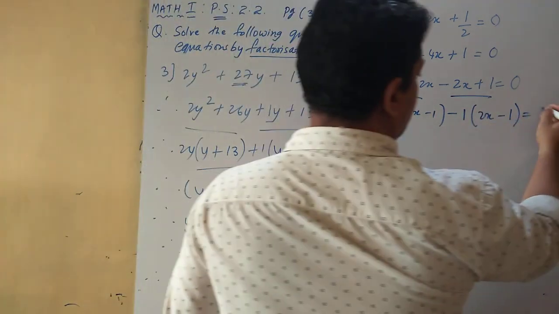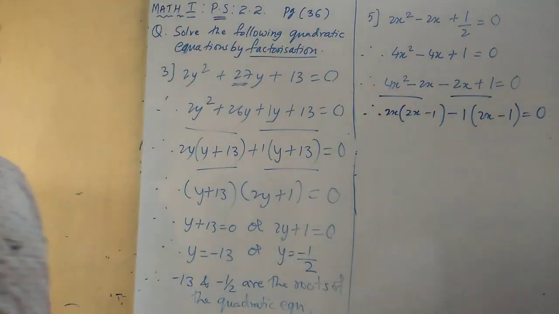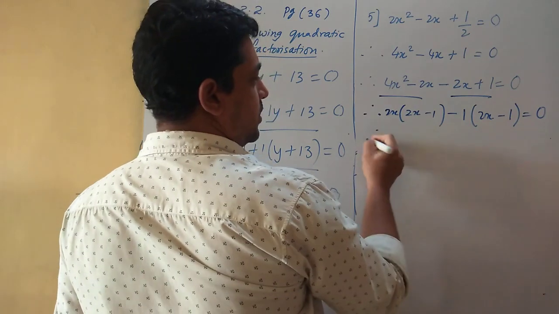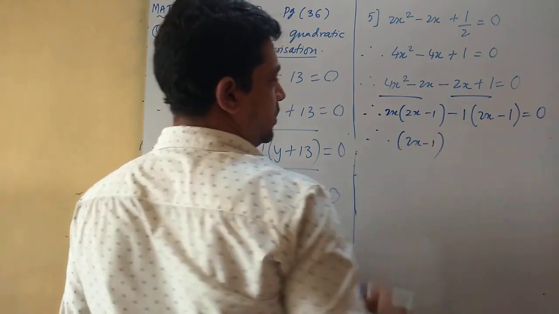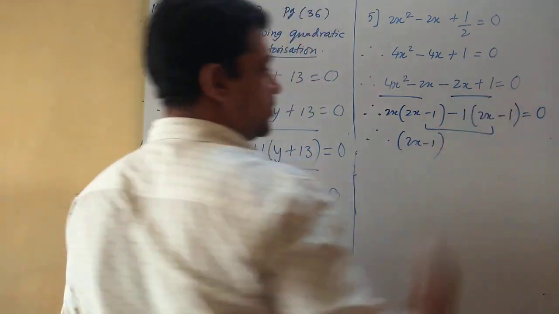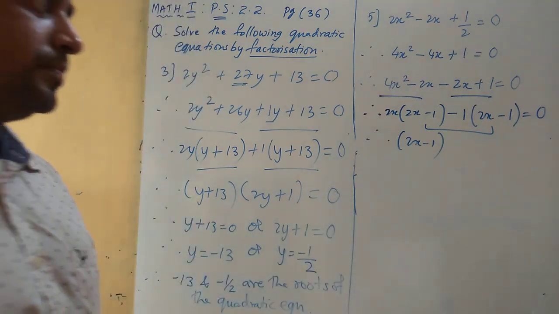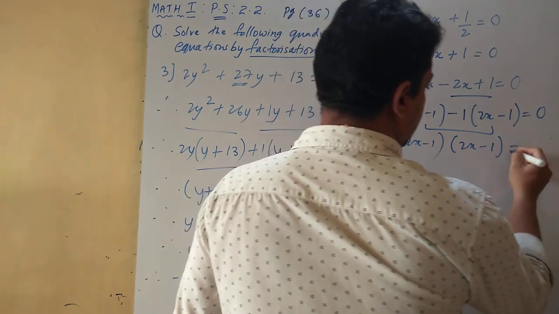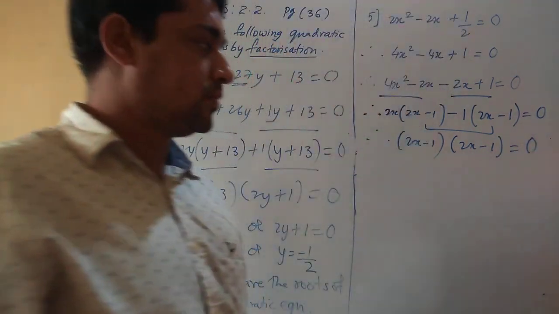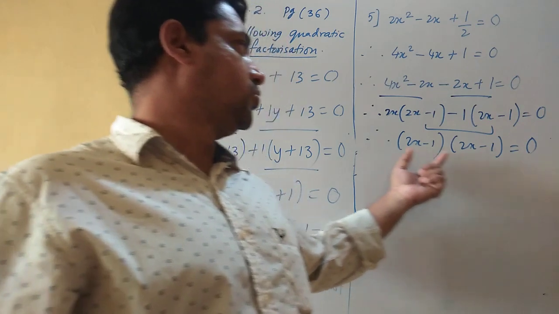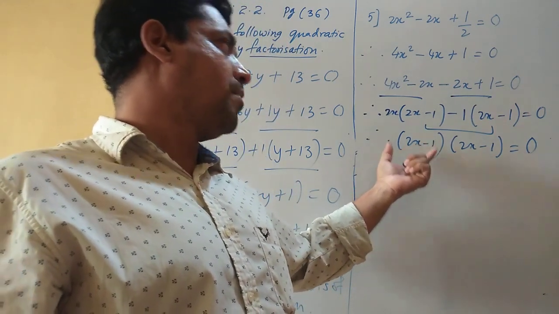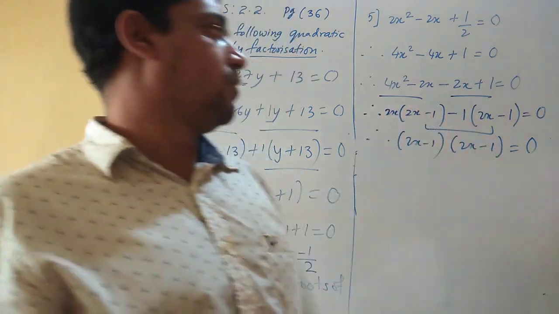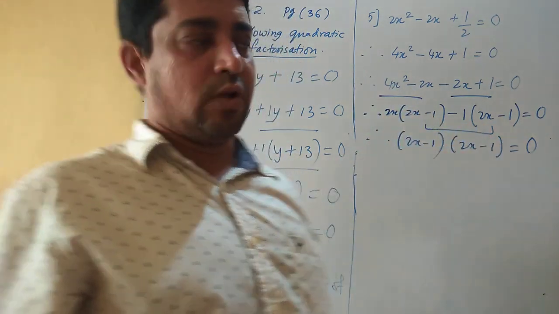Is equal to 0. That's it. Common factors now, the binomial term common, there is 2x minus 1, we are having here, both are common binomial term. Now 2x minus 1, that's the second factor. So 2x minus 1, we have common binomial factor, and 2x minus 1 is your uncommon binomial factor.